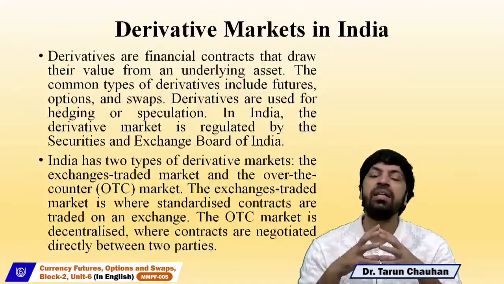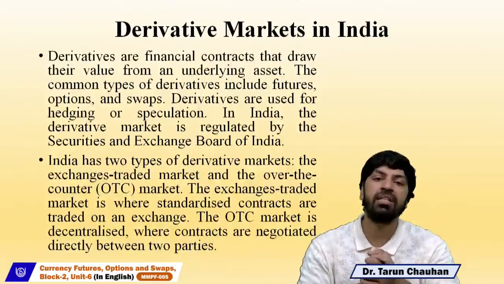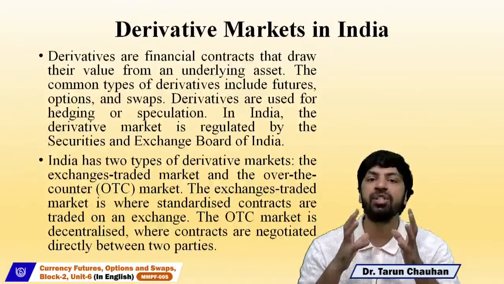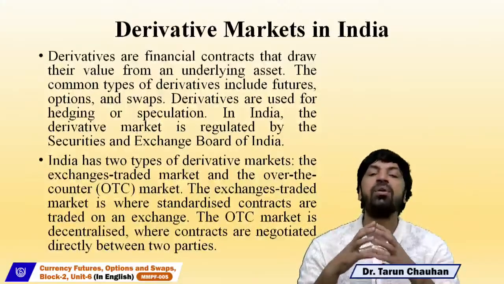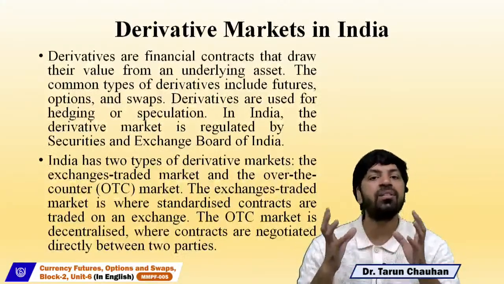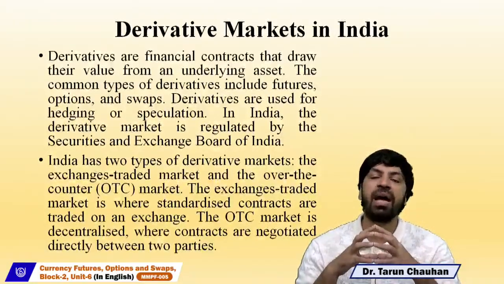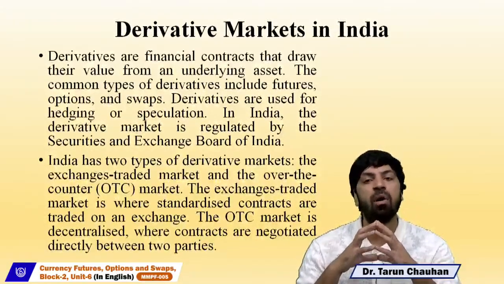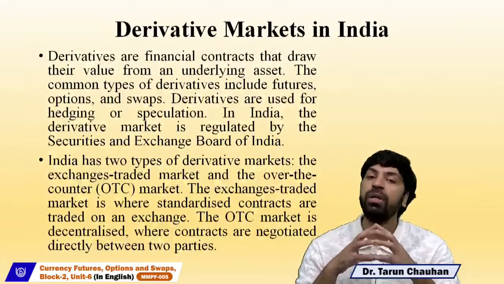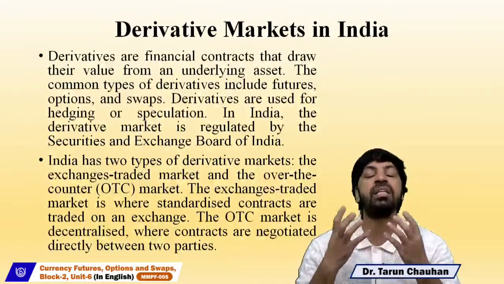In India, there are two main types of derivative markets, the exchange traded market and the over the counter market. The exchange traded market is where standardized contracts are traded on an exchange. But the over the counter market is decentralized.